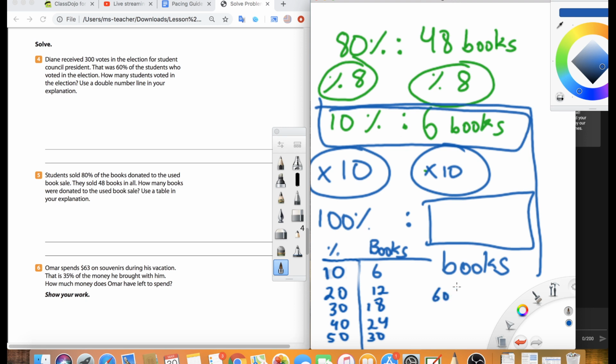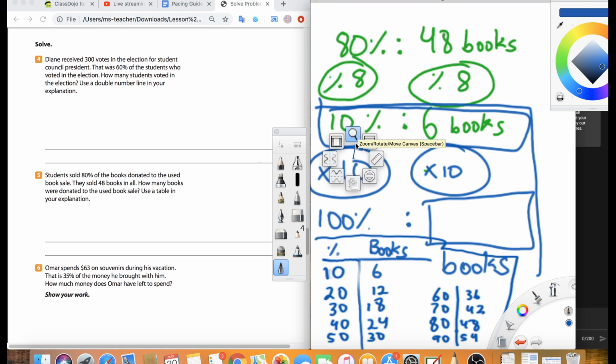So 60% is 36, 70% is 42, 80% is 48, 90% is 54. And then 100% would be 60. So if you want to draw the table, it would look like this. But I'm only asking for this work here: divide first to get 10%, and then multiply it to get 100%. This is for number 5.